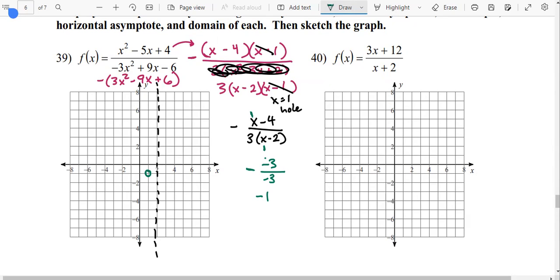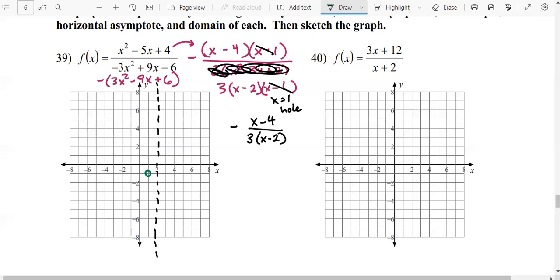So we graph the function as we normally do, but when we get to x = 1, we know that the function isn't there. So we draw a little hole to show, paying last respects to the fact that there's an x minus 1 that canceled out. All right, so what do we do about the horizontal asymptotes?